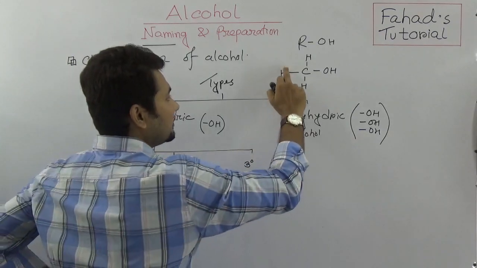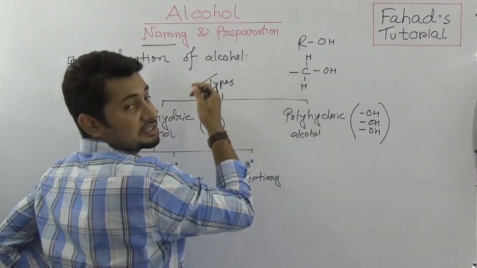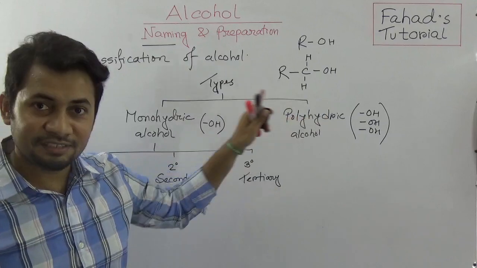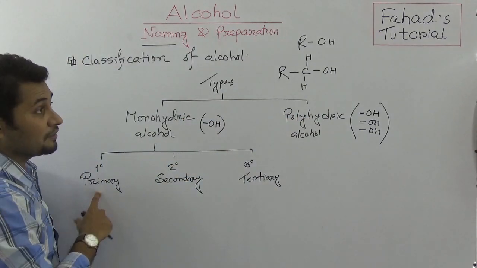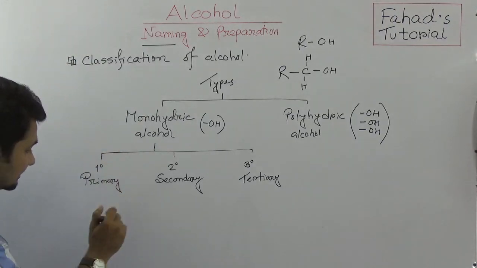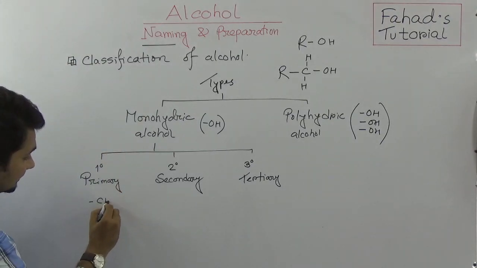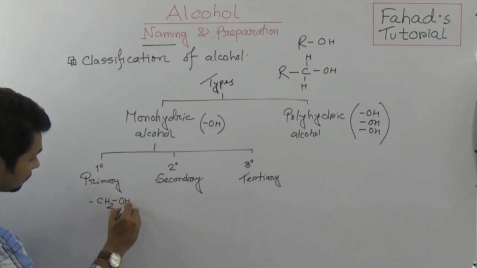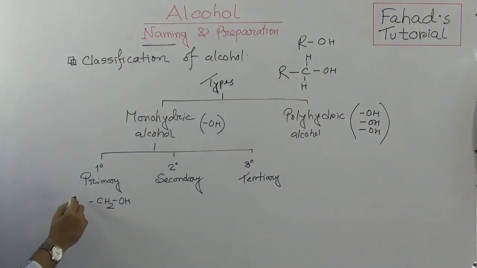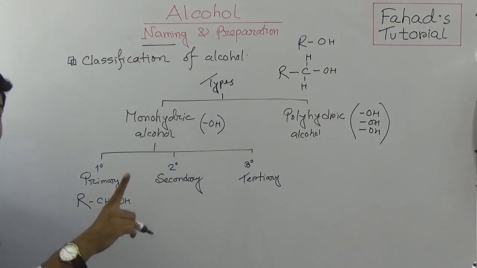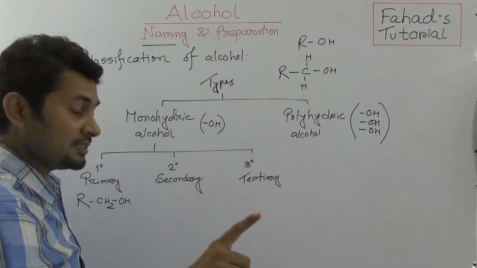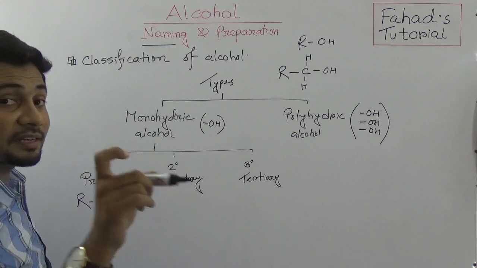But if this is a longer chain, suppose R, then this is 1 degree or primary alcohol. In primary alcohol, at least there will be CH2OH, so this is R, a single alkyl with the presence of a CH2OH group. It means this is 1 degree or primary alcohol.